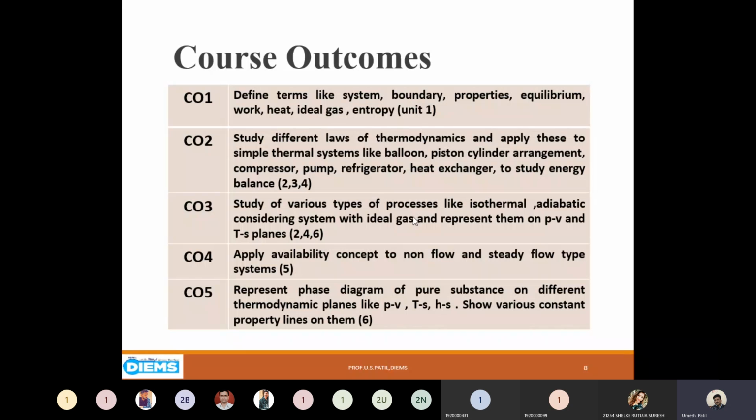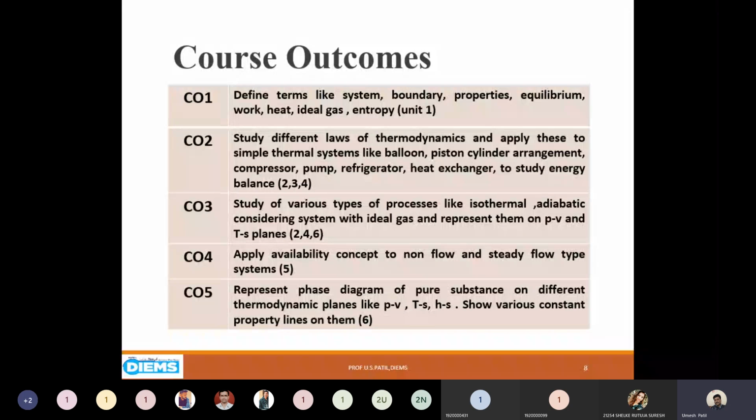Welcome to the third session of thermodynamics. In the previous two sessions, we discussed what thermodynamics is and its various applications in detail.